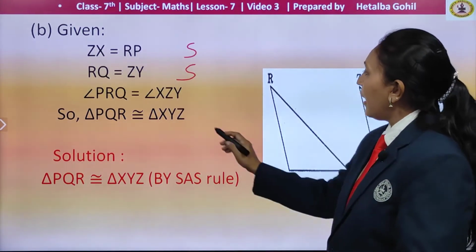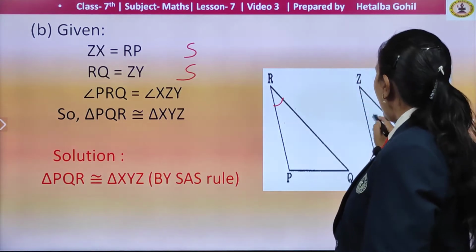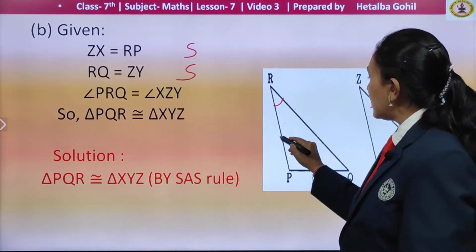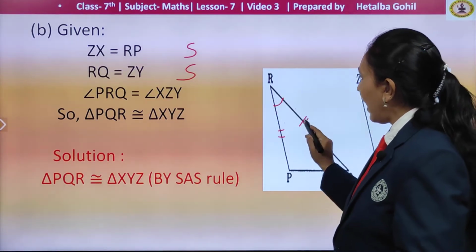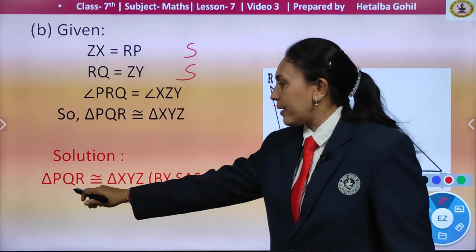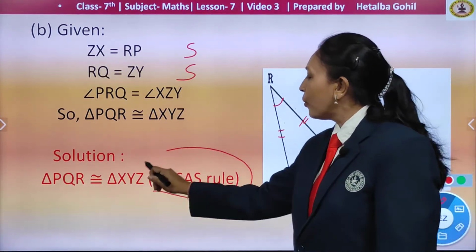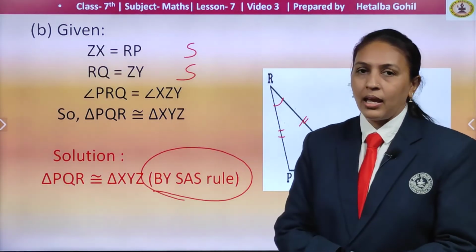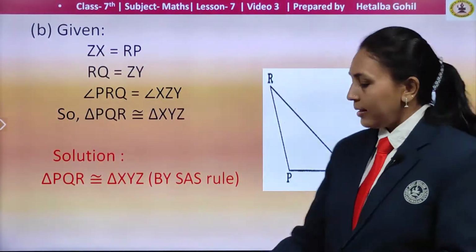And we have angle PRQ and XZY. That means these two. Okay. That means you can see SAS. So both the triangles PQR and XYZ are congruent by SAS criteria, the side, angle and the side.